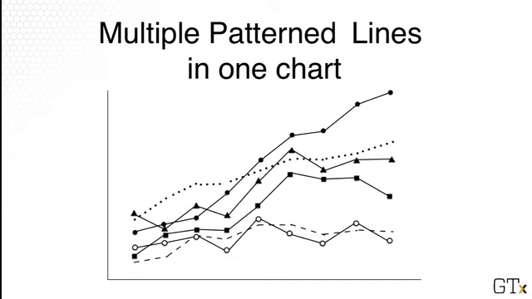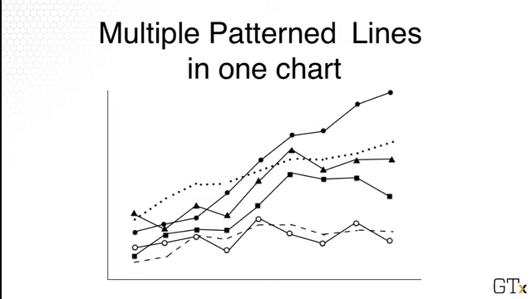Sometimes we need to visualize multiple line charts all together so that we can compare them. For example, for stock prices, it's quite common to see multiple stocks all lined up. So how would you design that effectively? A common default that you will see, as shown on screen here, is that the software would assign a pattern or a mark for each of the lines that you have.